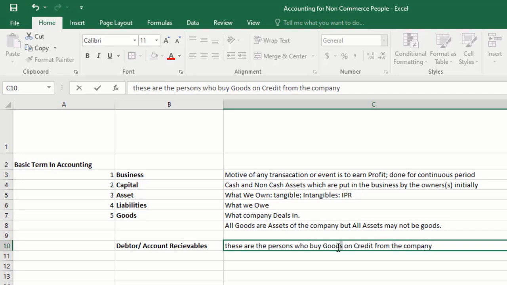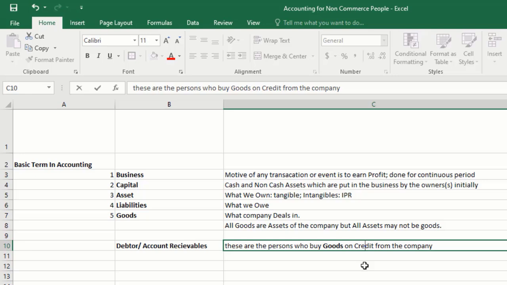They are buying goods from the company on credit, which means they are not going to give you payment immediately for what? Goods, not any other item.